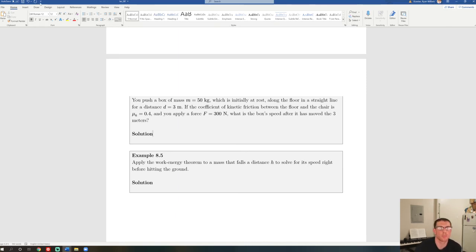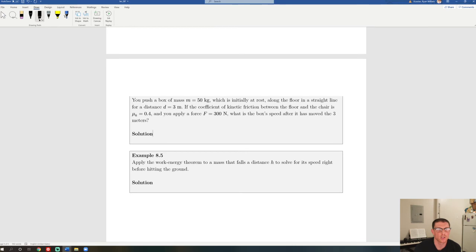So I should make a quick sketch here because that's a good habit, right? So if this is my mass, you apply some force that looks like this, let's say in the positive x direction, and we know from the nature of friction that friction will oppose the motion or the intended motion of an object, and so the friction force is going to point to the left like that.